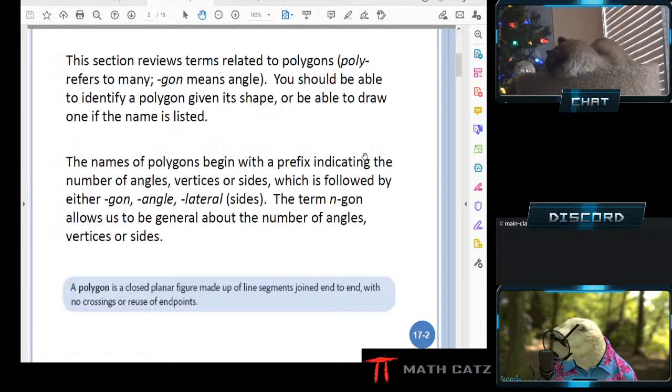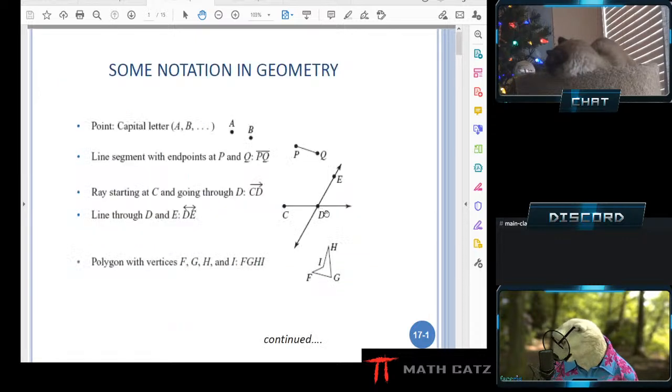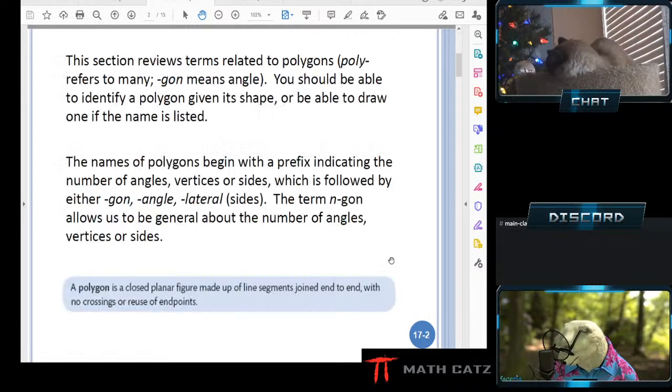So at some point, we're going to call it an n-gon, n referring to the number of sides and the number of angles. Now just take note here for our little example, and we'll see more examples. The number of sides in the polygon is the same as the number of corner points or the number of angles. They're the same. In this case, I have 4 sides, 4 corner points. They're always going to match.